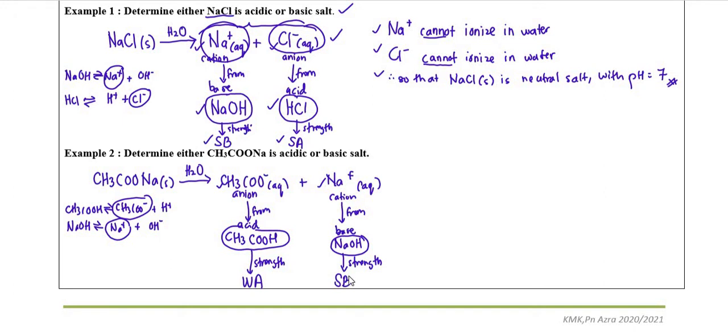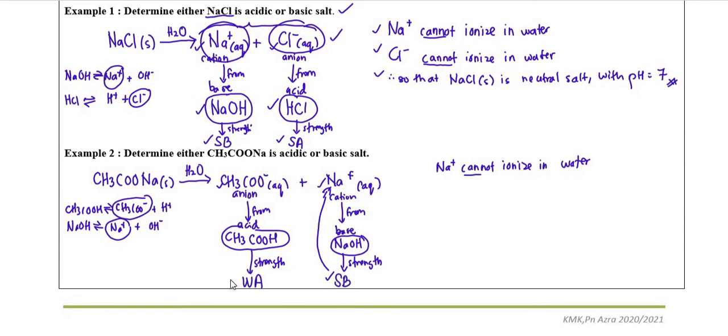So, when you get strong base, you have to conclude here. That means you conclude yang ni. Okay. Na+ cannot ionize in water. Alright. Cannot because it said this strong.